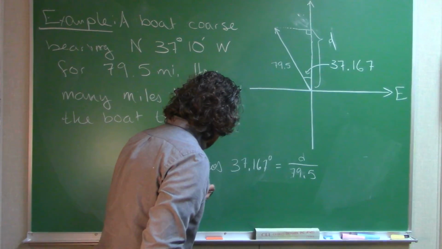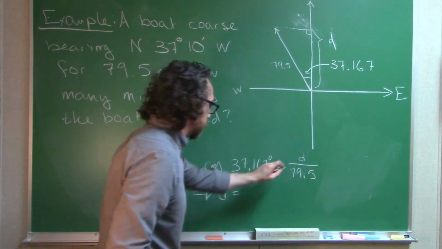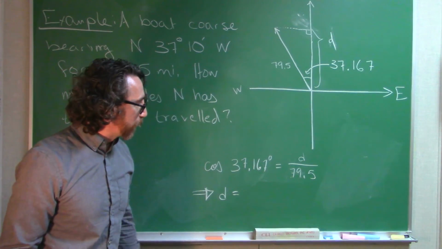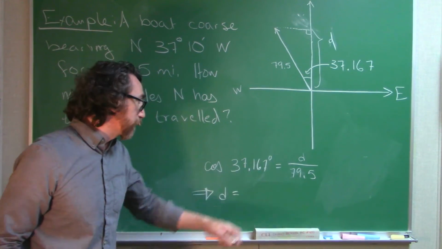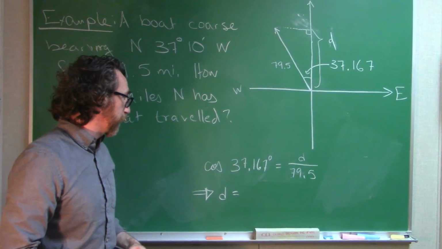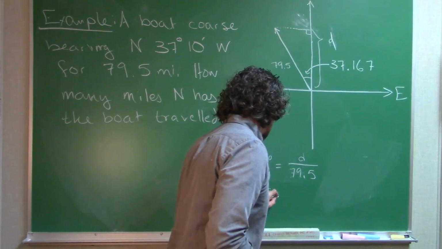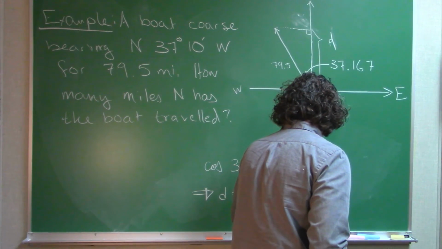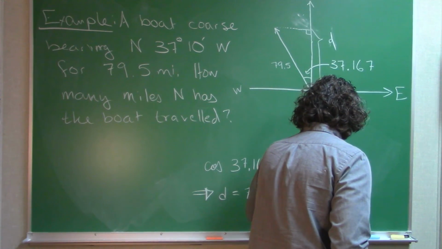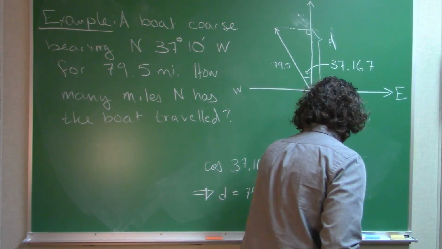So if this equation is true, then we can solve it for d. We can multiply both sides by 79.5, and then we'll have d by itself. You have d equals 79.5 times cosine 37.167 degrees.